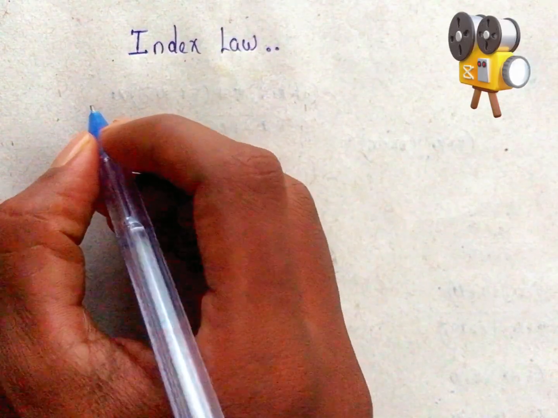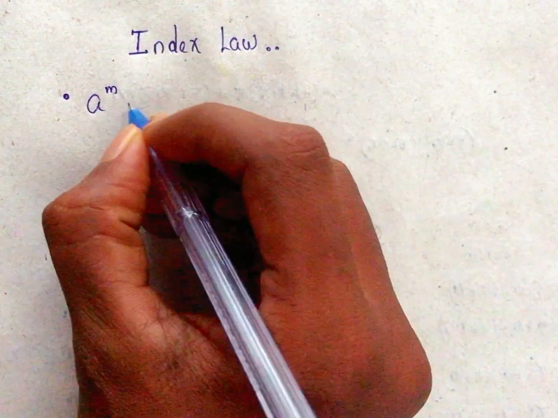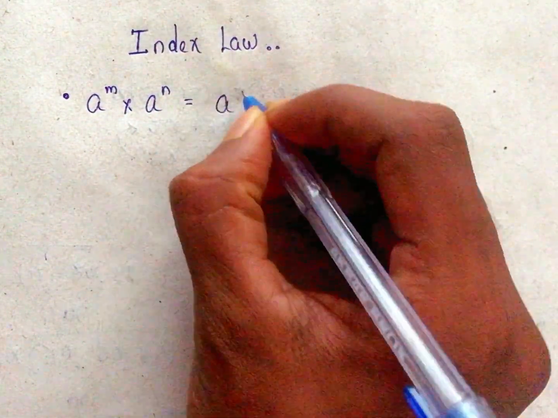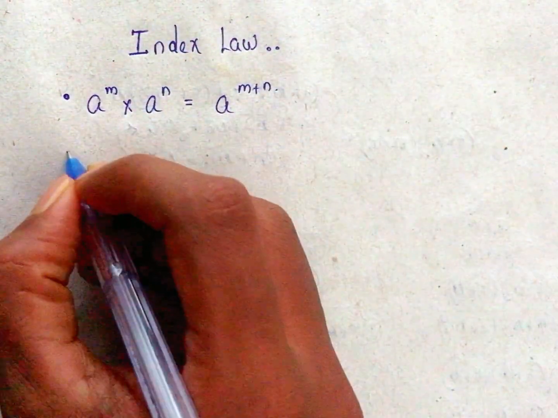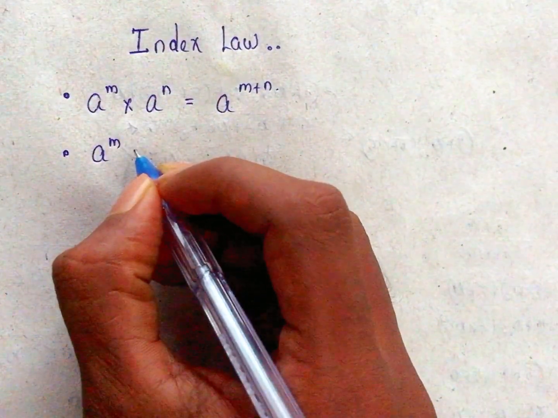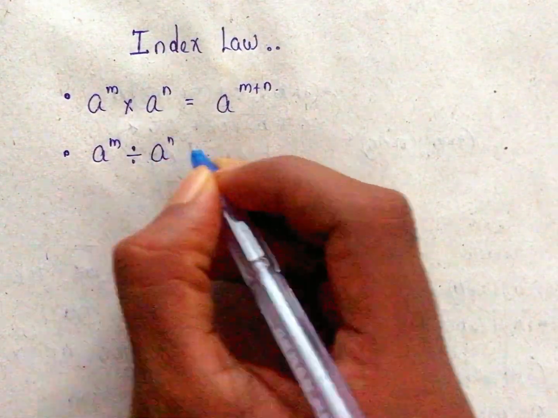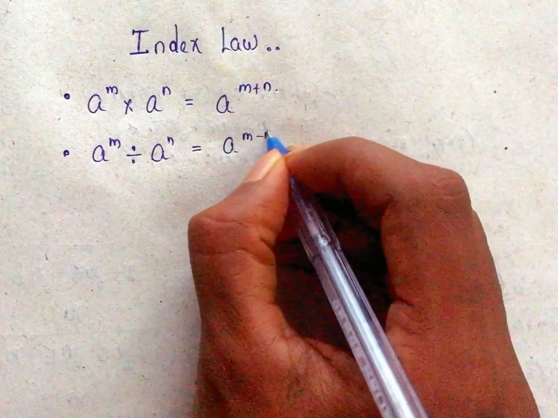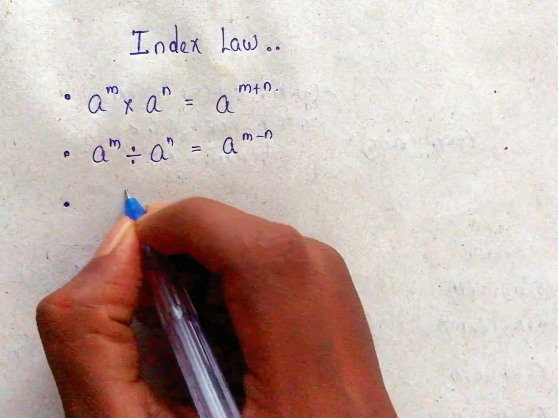Okay, let's see what the main points of index law are. It applies in multiplication, division and bracket removing like this. First one is multiplication, but you have to remember that it applies only to situations with equal bases when you multiply or divide.